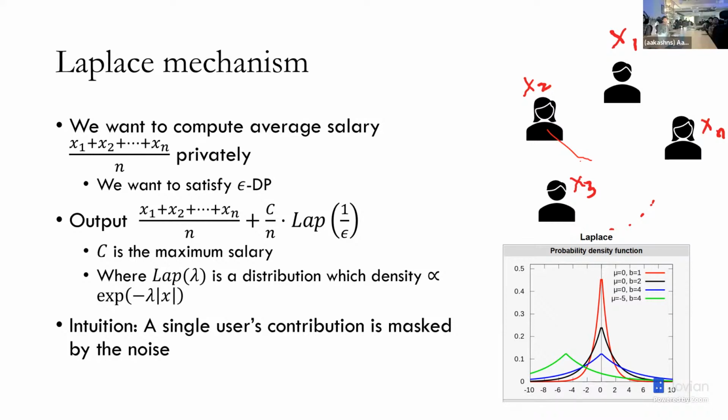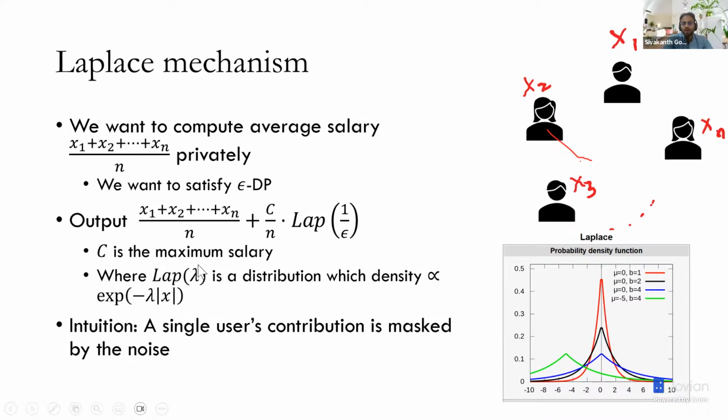Is there any specific reason we're using the Laplace mechanism for noise generation? Could it be anything else? That's a good question. To get the epsilon differential privacy definition that I showed you, Laplace is the best noise to add.